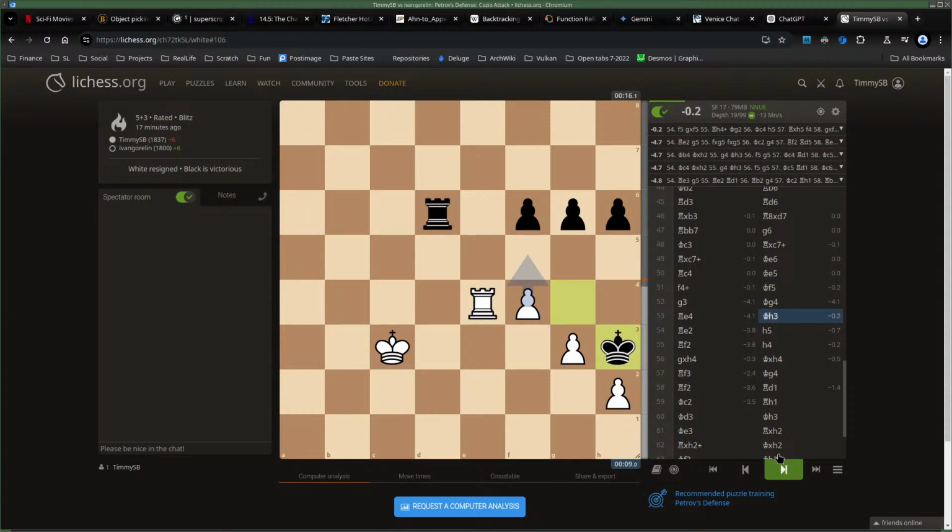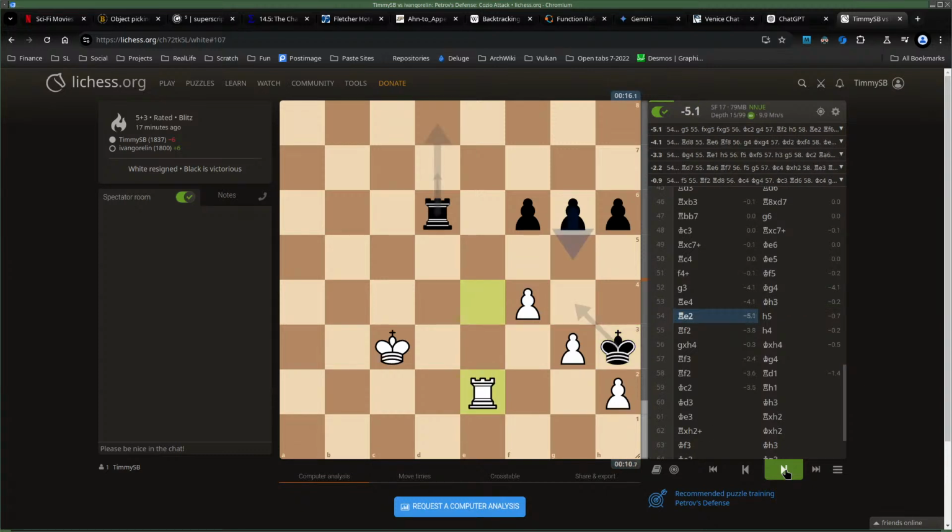No, it's a draw again. If I would play this pawn, then I can defend here. Aha. Tactics. Not only defend, win this pawn even. Strong move. Pawn f5.